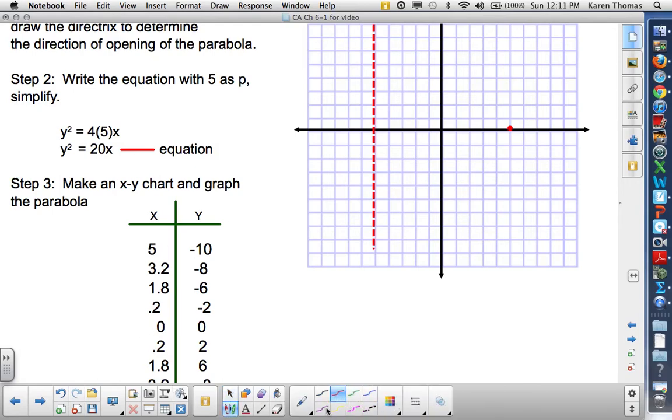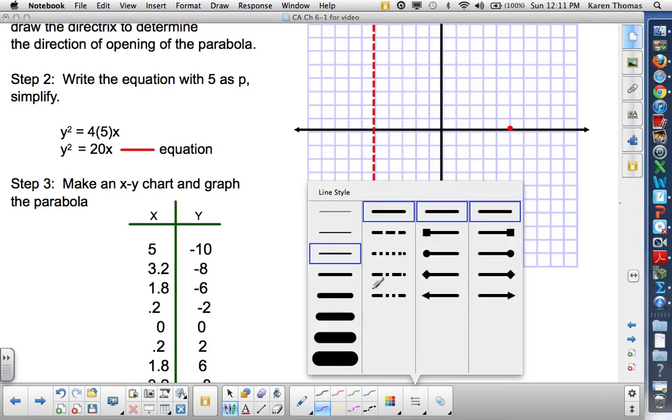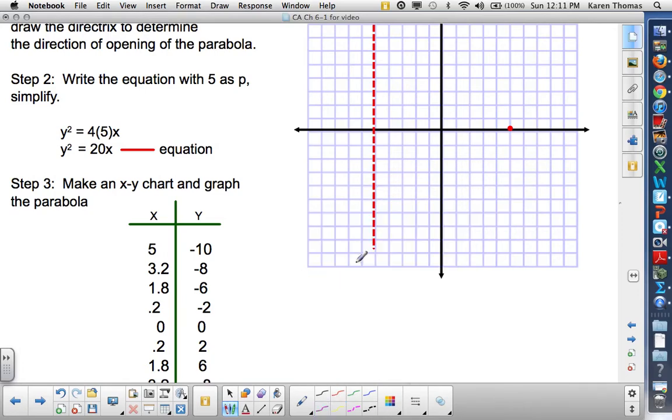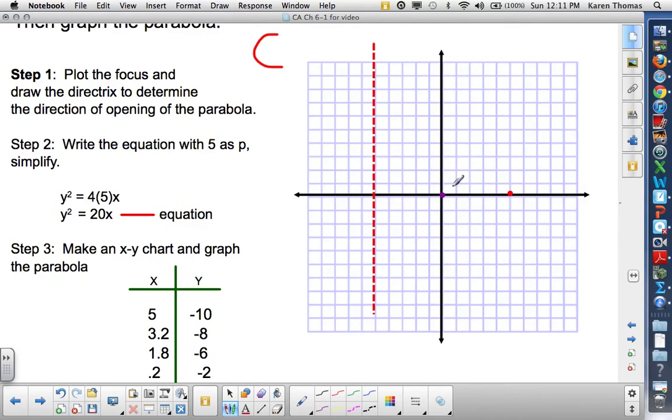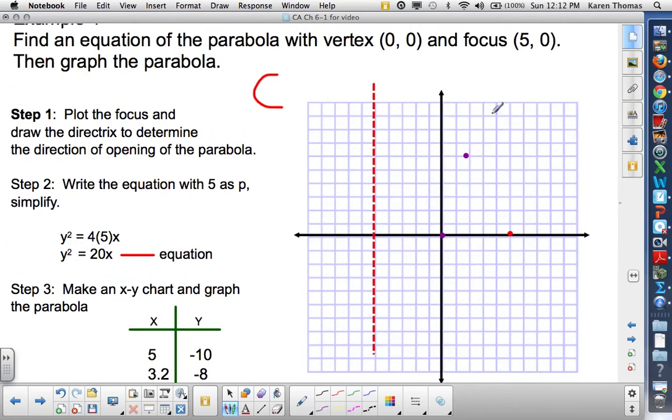Let's make this one purple again. Make it nice and fat so I can see the points. I have (0, 0). I'll graph the 1.8, which comes out to here. 1, 2, 3, 4, 5, 6. Right about here. I'm going to graph my (5, 10) and (5, negative 10).